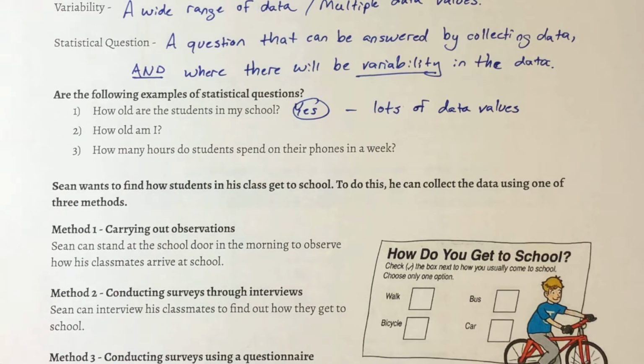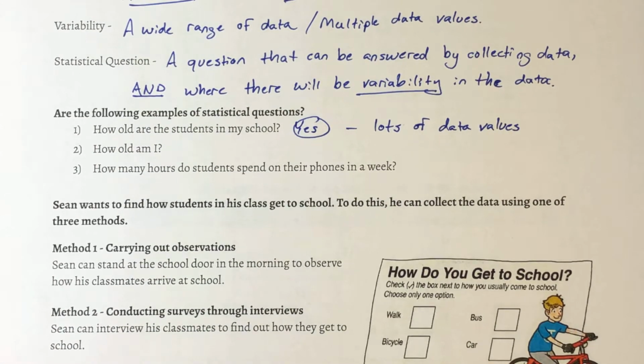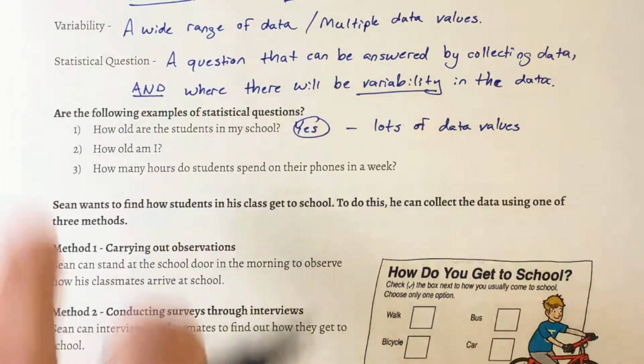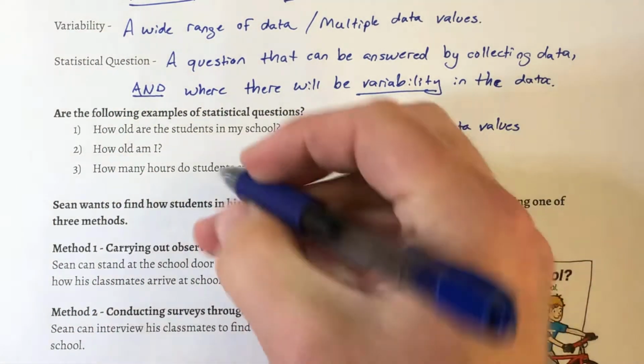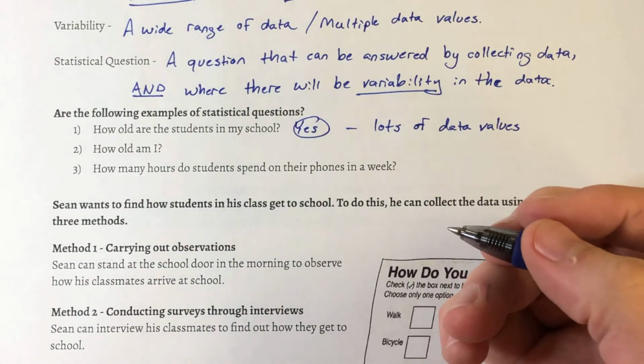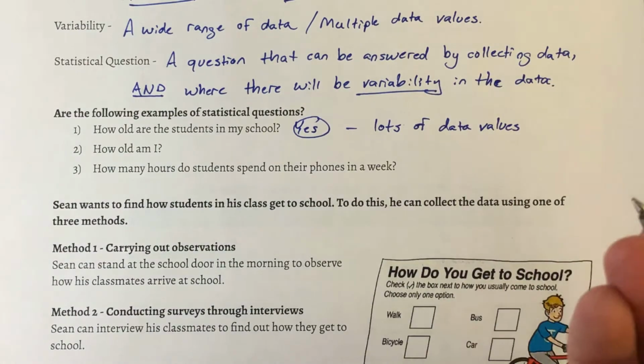All right, the second one, how old am I? If I were to answer this, am I going to be able to have lots of data collected? Will I have variability? No. How old am I? That can be answered with one data value. So there's not a wide range of data. You're not going to have lots of data values, just one.